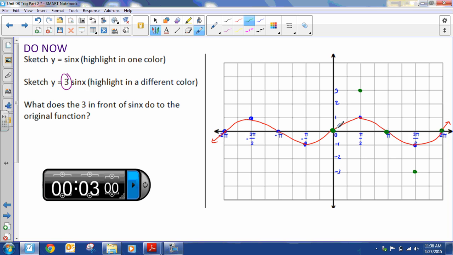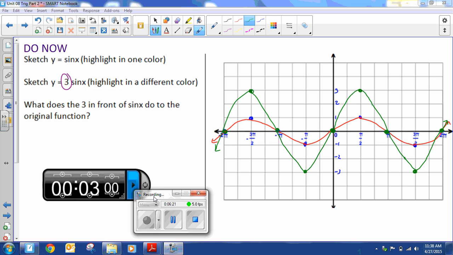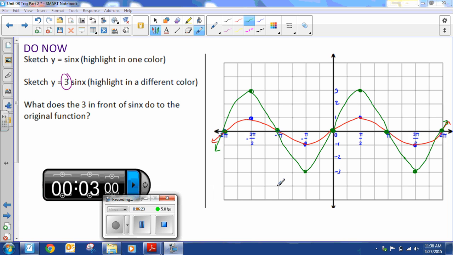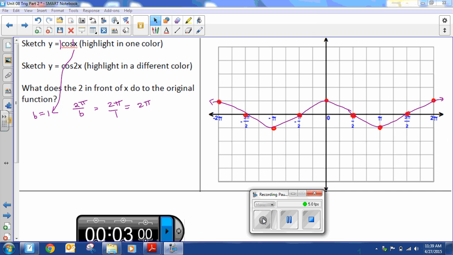So as you can see, the roller coaster now reaches higher heights and lower lows. So you could say that this roller coaster is more exciting now. And that's how we look once we connect the dots. So as you can see, amplitude of 3 means it is higher now. It reaches 3 and reaches negative 3.